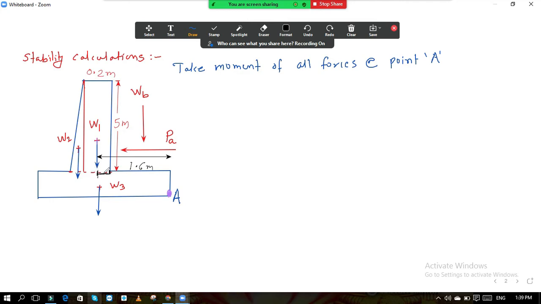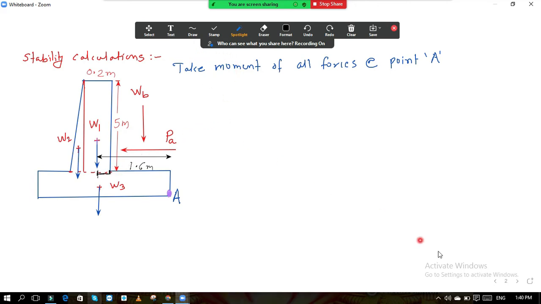So if this is 0.2, then half of 0.2, because W1 will be acting at the centroid of this rectangle. So if this total stem base is 0.4, out of that, if this is 0.2, then this rectangle's base is 0.2 and the remaining 0.2 will be the triangle's base. So the rectangle base is 0.2 and its half will be 0.1.